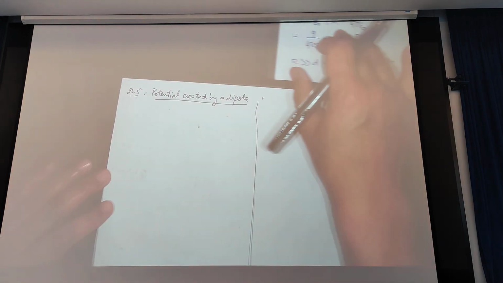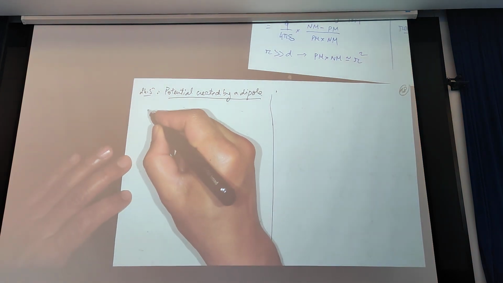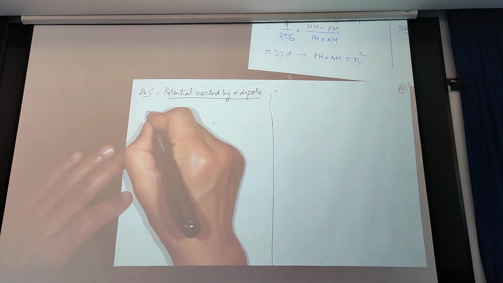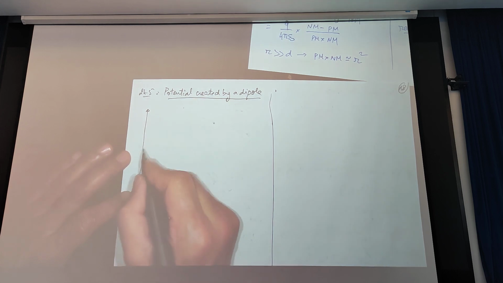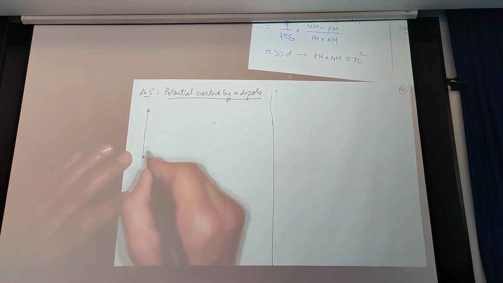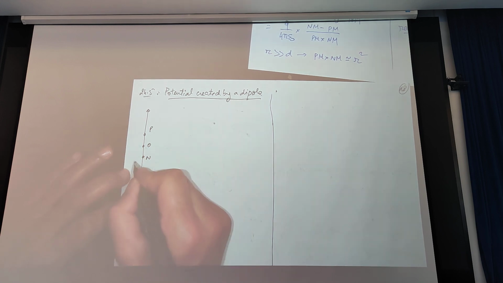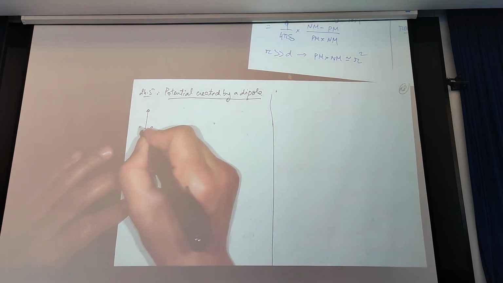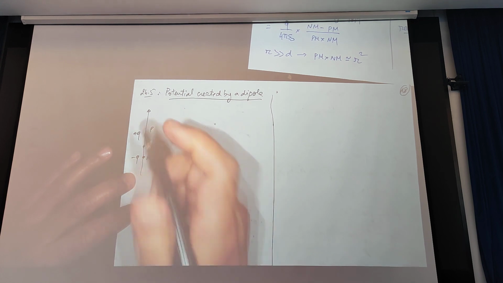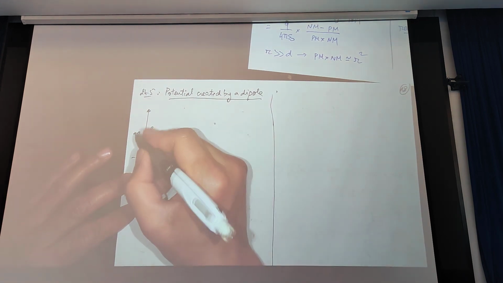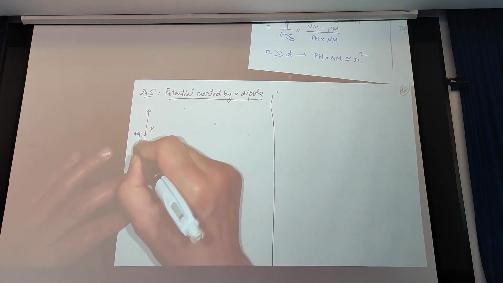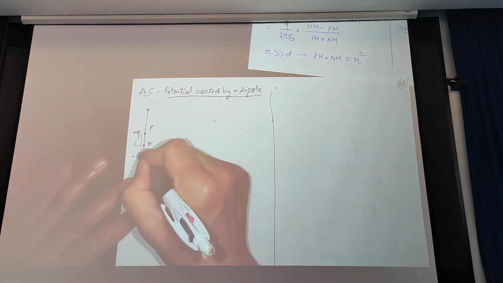Again, we have two charges. Here we have a minus q, we have a plus q, and the distance here is d. Okay, this is a dipole.